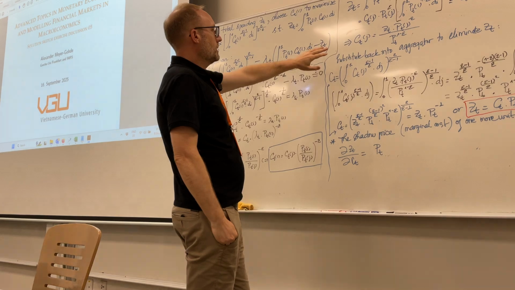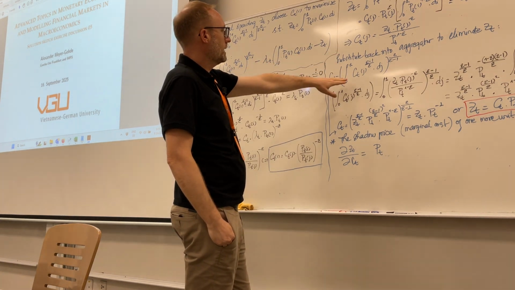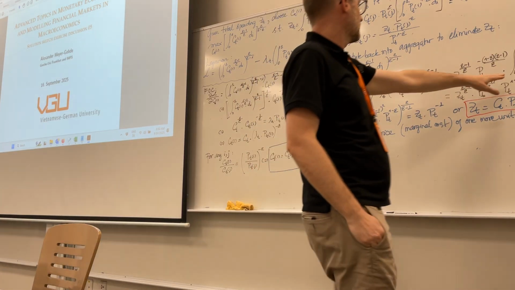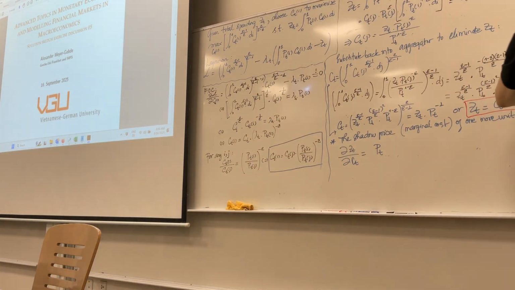Right, and we substitute this back into the aggregator. We see we have our price level, the Z, and then something related to our price level, that's just our price level to the power of 1 minus epsilon.